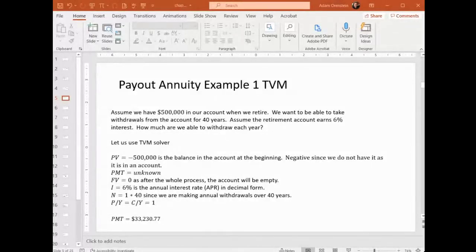Okay. So again, this is what we got, $33,230.77. Just like before, that's what we expect. In the past, I allowed students to use the TVM solver. They just had to fill in what each of the variables are. You know, what is your n, what is your I, all that stuff.